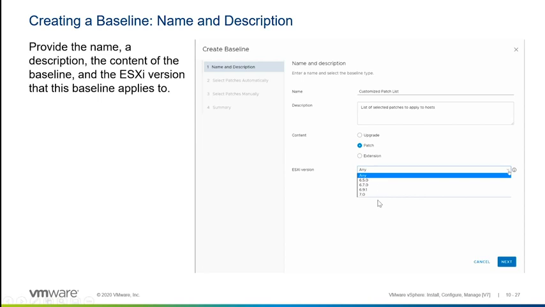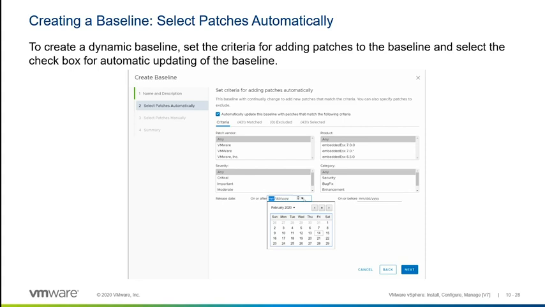And then I can choose the ESXi version that these patches will apply to. As I continue through the wizard, I can determine whether or not I want to create a dynamic patch baseline or a fixed or manual baseline.